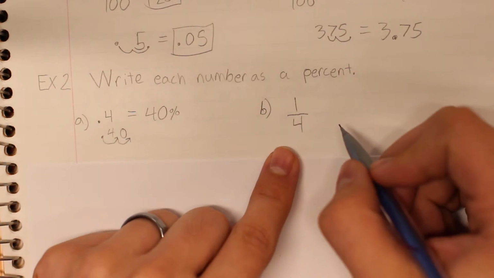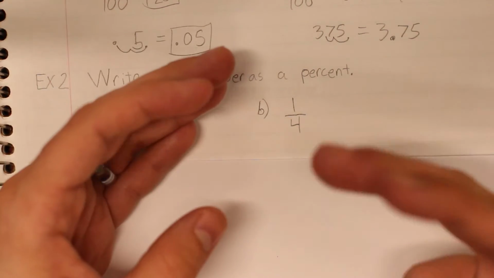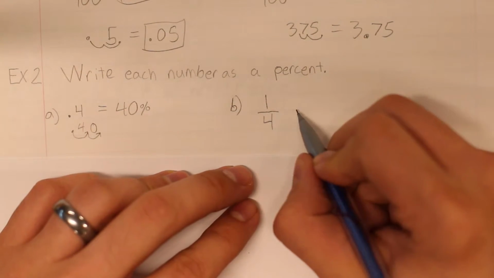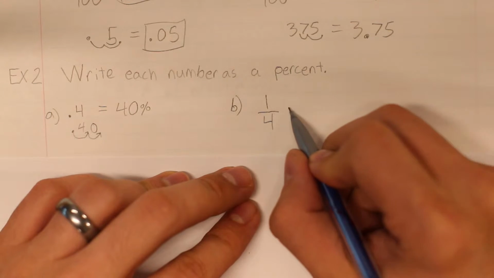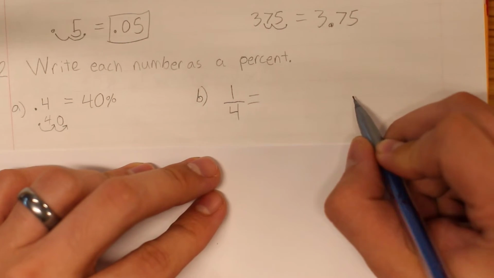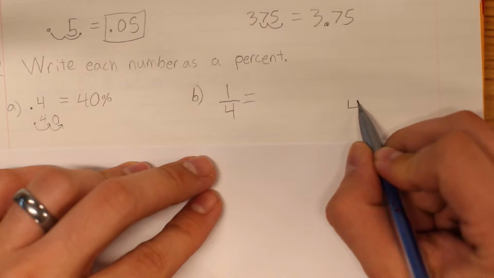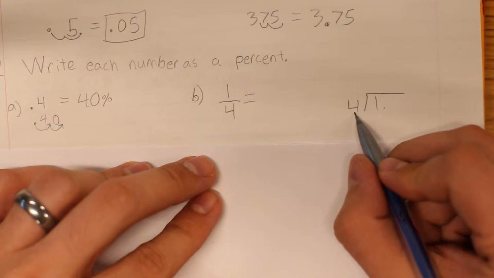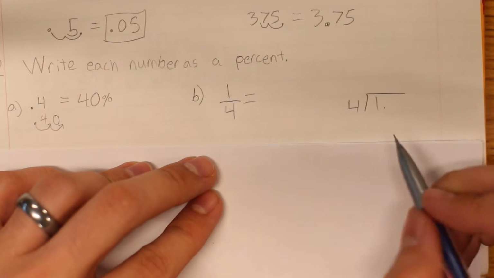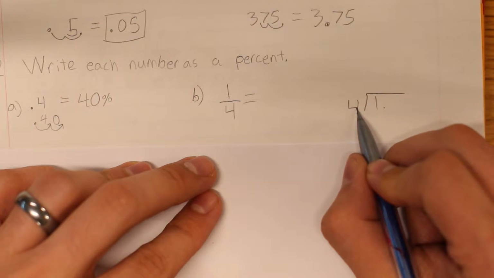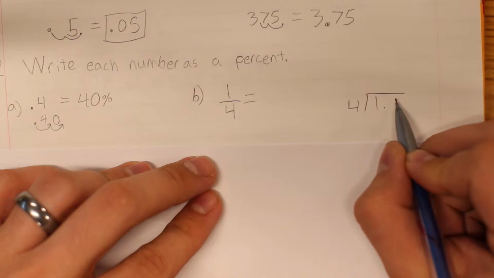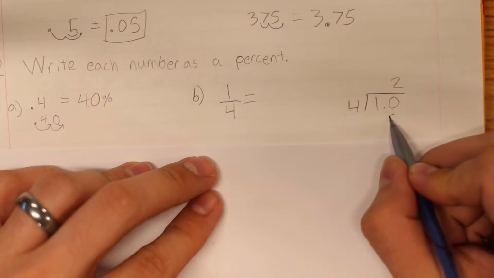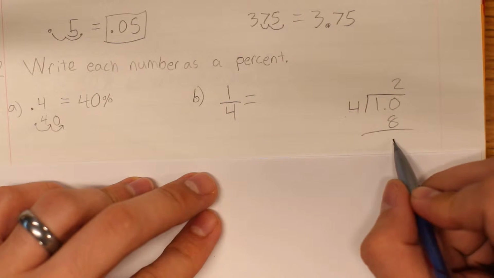Over here we have 1/4, and there's a few options you have, okay? I'm going to show you two of the basics. One option you have is just to go ahead and divide, where you say, well, this is going to equal, I could do the long division to the side, 4 goes into 1, got to put my decimal, and basically you have the option to convert to a decimal. So 4 goes into 1, nope, 4 goes into 10, yes, goes in there 2 times, multiply back, you get 8. Subtract, you're going to get 2.